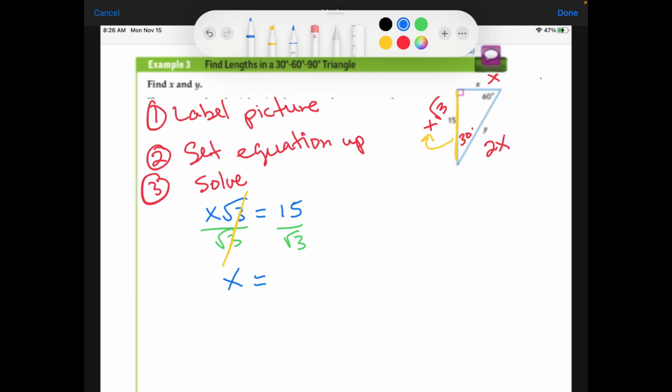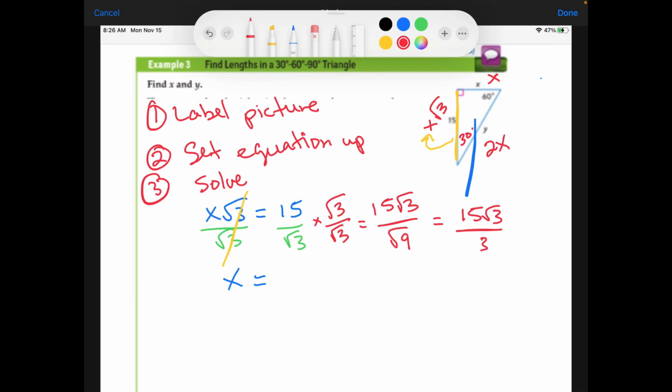Remember, we never want to leave a radical, or square root sign, in the denominator. To get rid of it, we multiply the top and the bottom by that radical. We end up with 15 square root of 3 over square root of 3 times square root of 3, which is the square root of 9, which is 3.